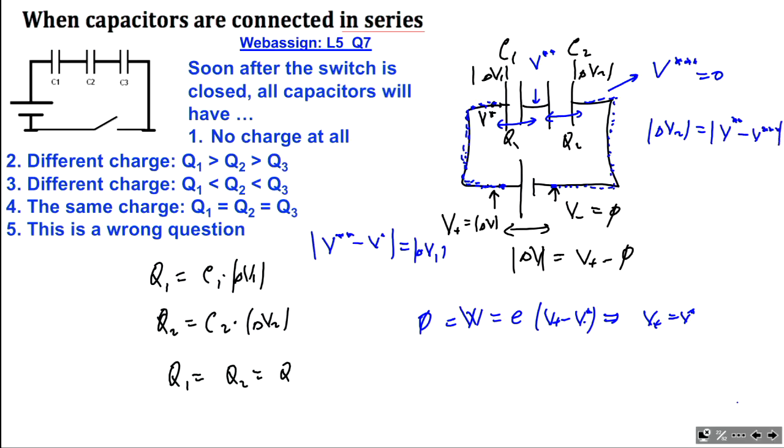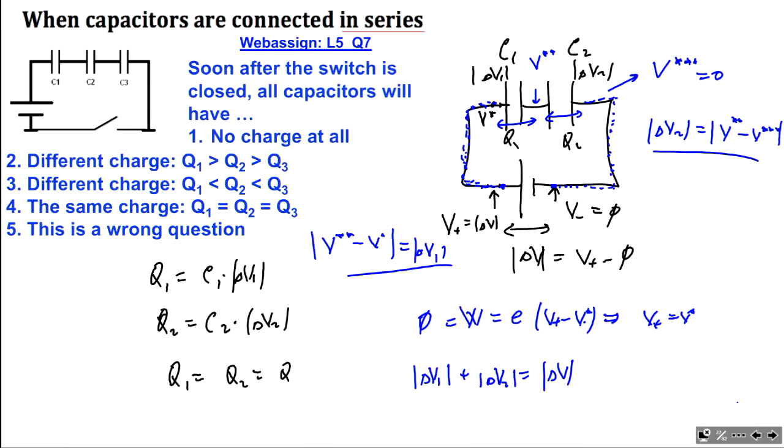And now, if we add them up together, delta V1 plus delta V2 is equal to that original voltage provided by the battery. People say voltage splits across capacitors. So we have 6 here, and we have maybe 2 and 4, or 1 and 5.